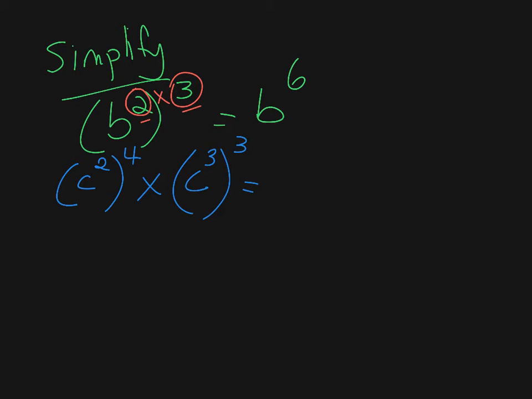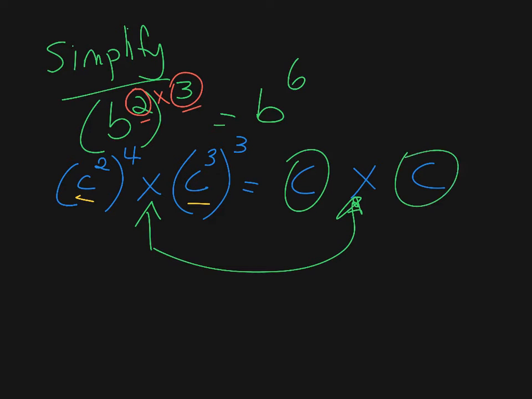Now think about it. I know it looks scary, but it's really not. Here our like term is c, so I know that it'll be c to the power of something multiplied by c to the power of something.